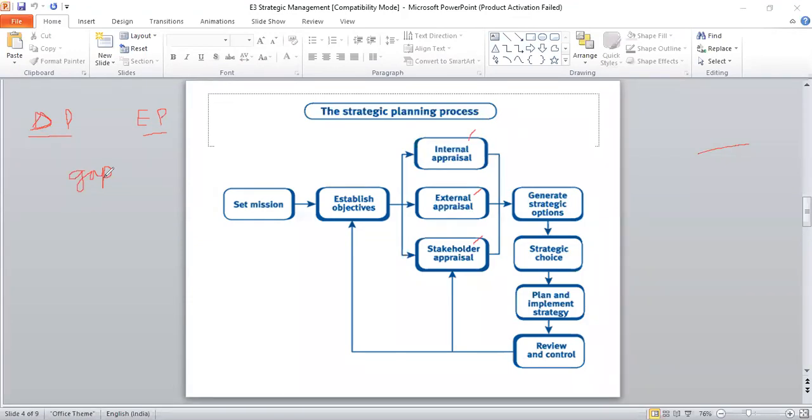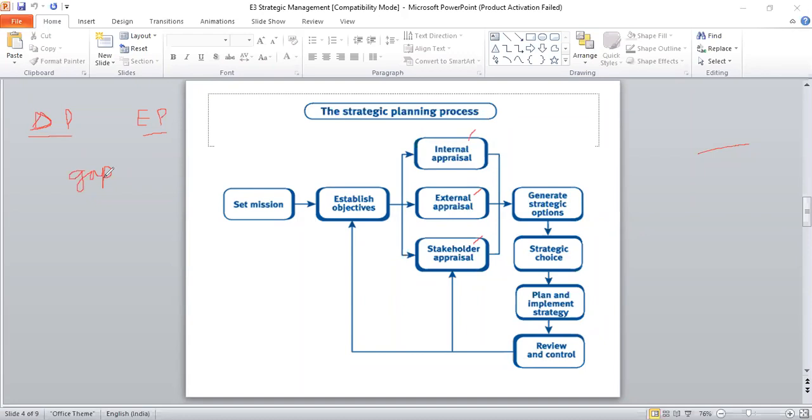But if the desire doesn't match with the expectation, expected performance is decided considering the internal factors, external factors, and then the various stakeholders and their role in the organization. After understanding all these things, they understand what is their expected performance.